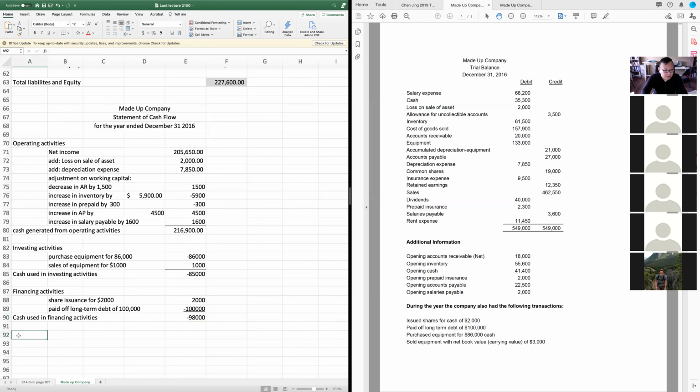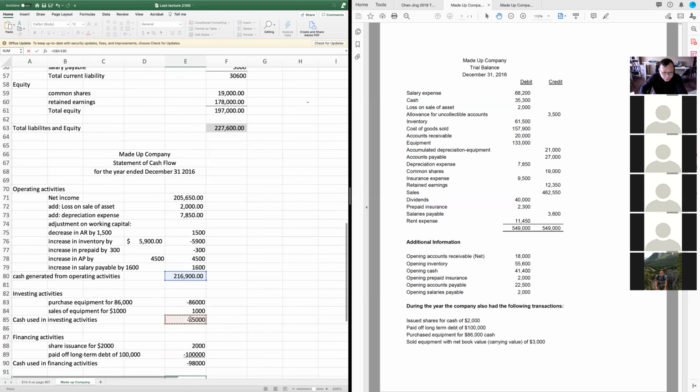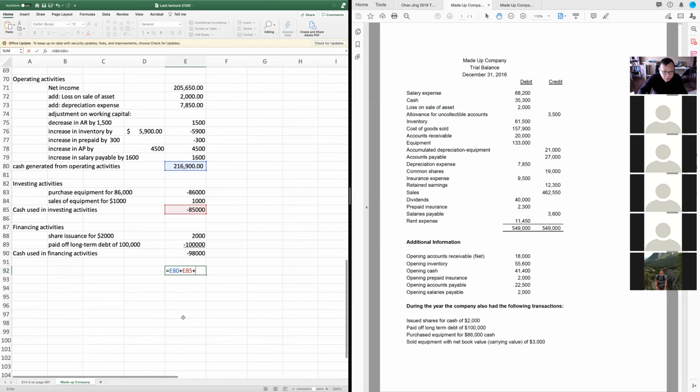Okay, so total, if I add the three together, 1, 2, 3. So in total, cash increased by 33,900. What's my opening balance?